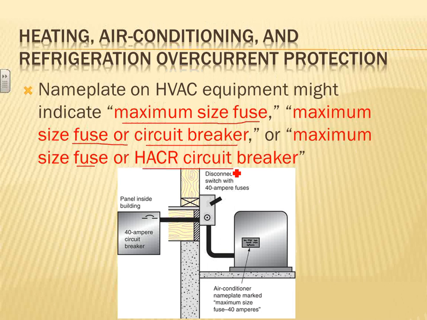So how do we solve the problem? Here's a good example. This one here says maximum size fuse 40 amps. So they want you to protect the equipment with a fuse. But I have one little problem here. I only have a circuit breaker panel right in here. How are you going to modify a circuit breaker panel to put in a fuse? No problem.